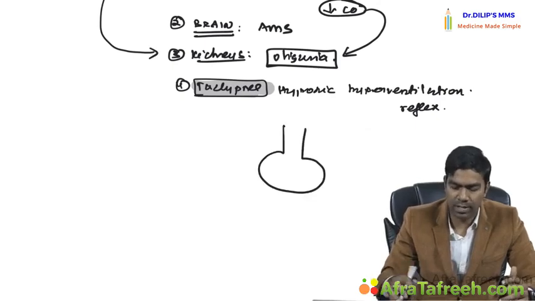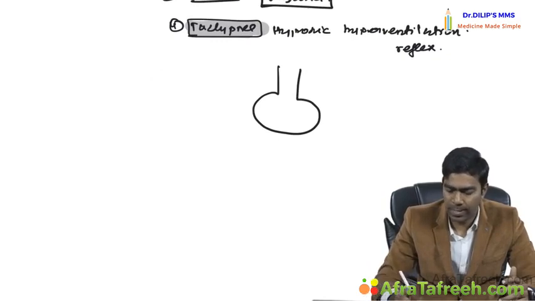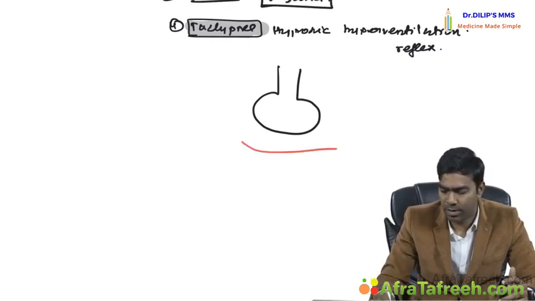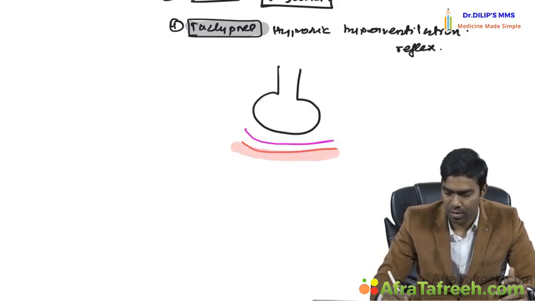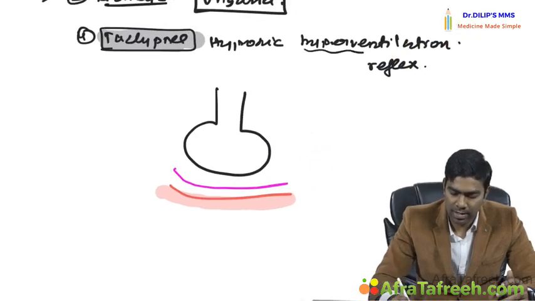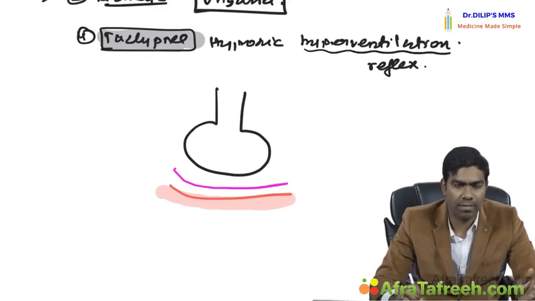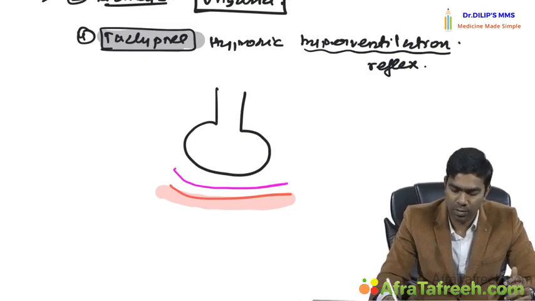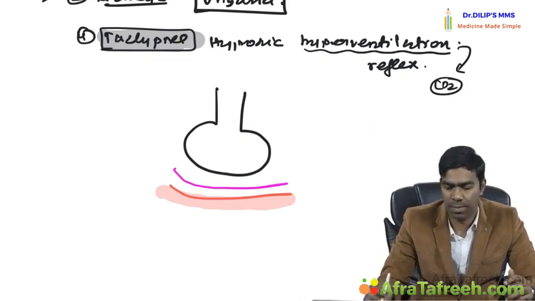This is a beautiful mechanism. Let us see an alveoli and let us put the same capillary system and the basement membrane. Clear? So now, as I told you, the one gas that is going to be affected by ventilation is CO2. Whenever you hyperventilate, the one gas that you are going to eliminate is your carbon dioxide.